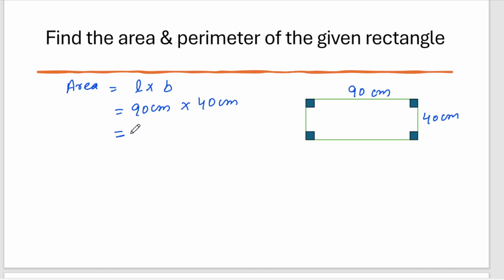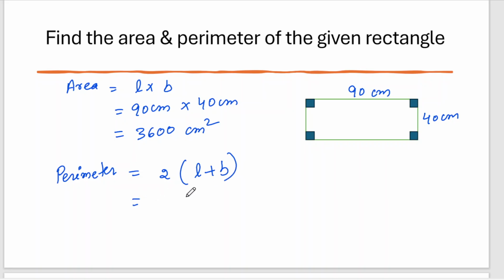So you will get 3600 square centimeter. Okay. Now perimeter. Perimeter is nothing but 2 into (L plus B), the sum of length and breadth multiplied by 2. We have found how this formula has come. Okay. Now 2 into L, what is L?